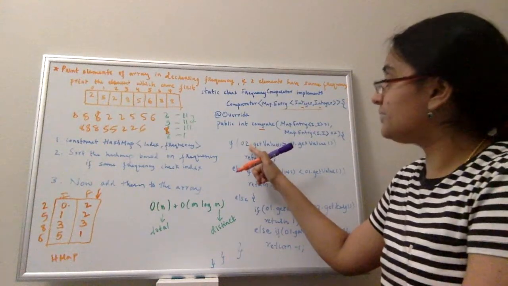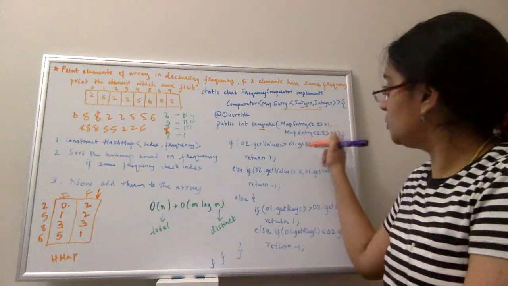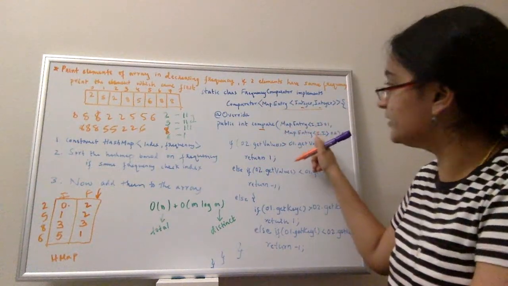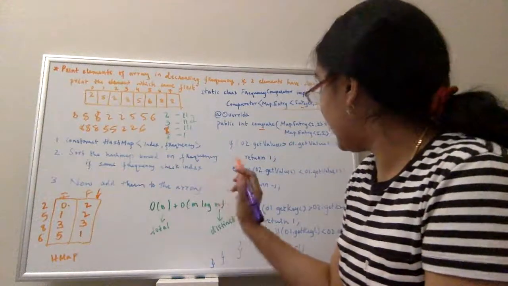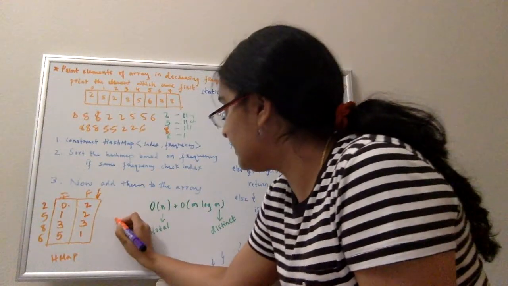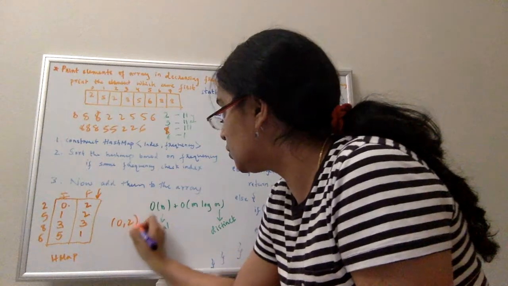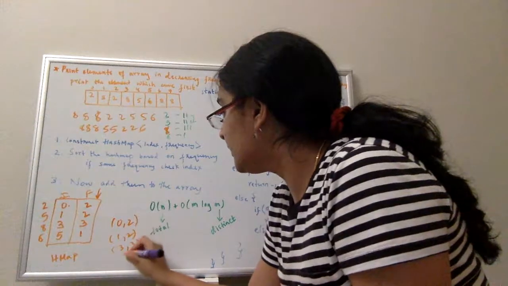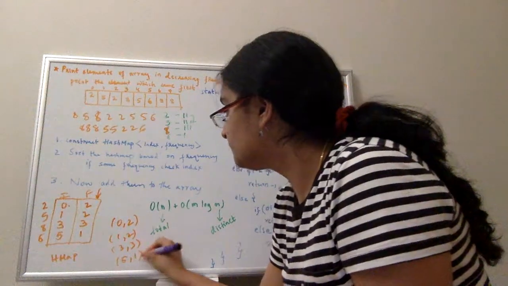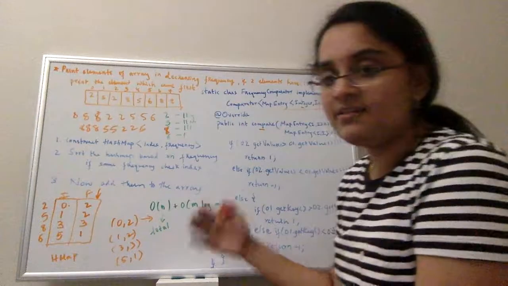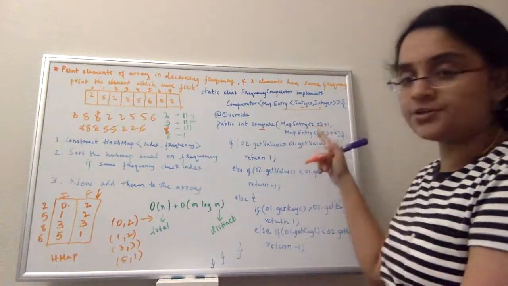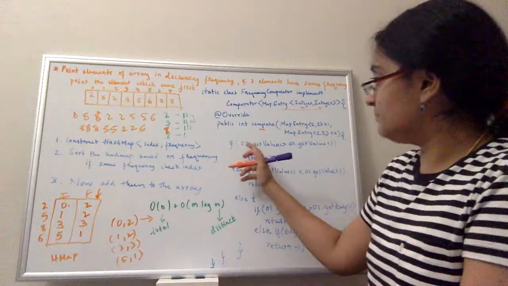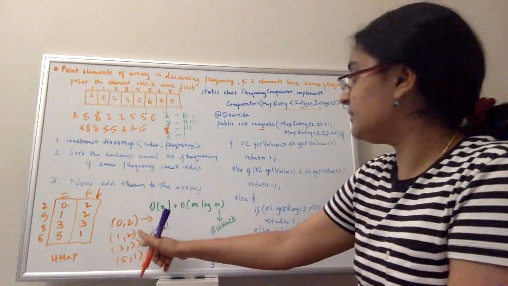So I'll compare o2.getValue. For example, one entry is 0 2, the other entry is 1 2, the next one is 3 3, the next one is 5 1. One entry comprises a key-value pair, both integers. My first entry is o1, my second entry is o2.